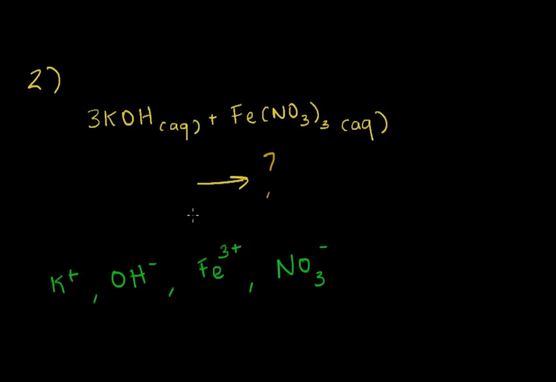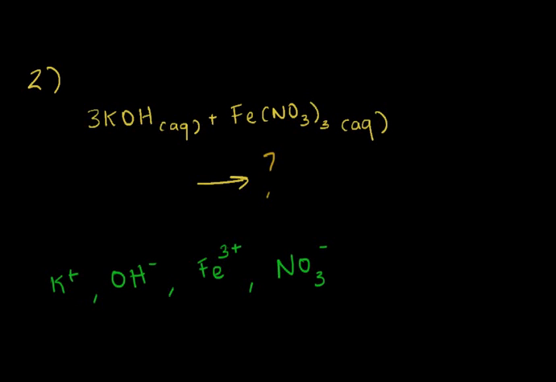Well, first of all, it's easy to say we know potassium is not going to combine with iron because they're both positive, and you can't have 2 cations joined together to form a compound. We also know that in the resulting reaction, we're not going to have potassium again combined with hydroxide because that would be a reactant, and then it wouldn't be a product if it were formed again. It wouldn't be involved in the chemical reaction.